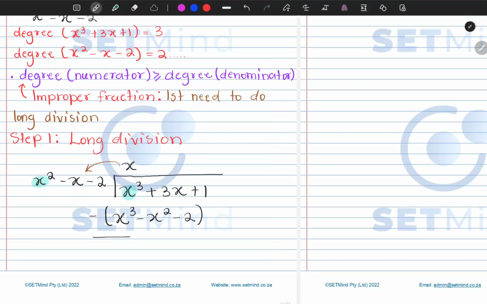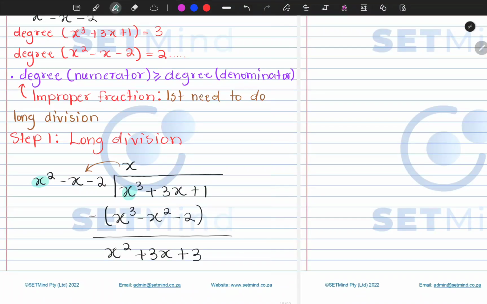Then we take the difference. If you look carefully, the x cubed and the x cubed will cancel. Then you'll be left with x squared, and then the 3x will come down, and then minus 2 will be plus, adding with the 1 on top, that will be plus 3.